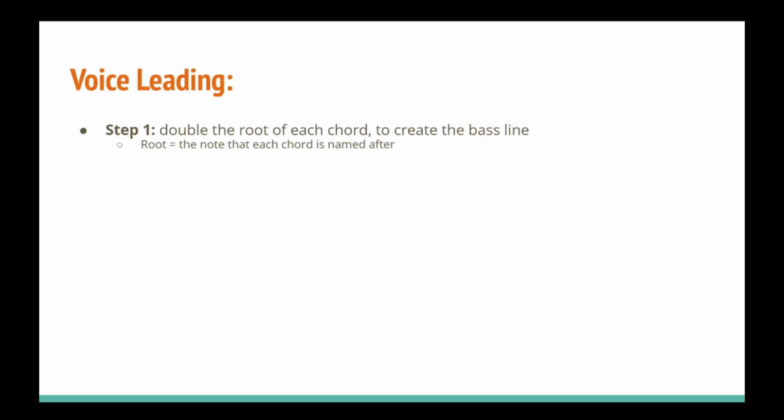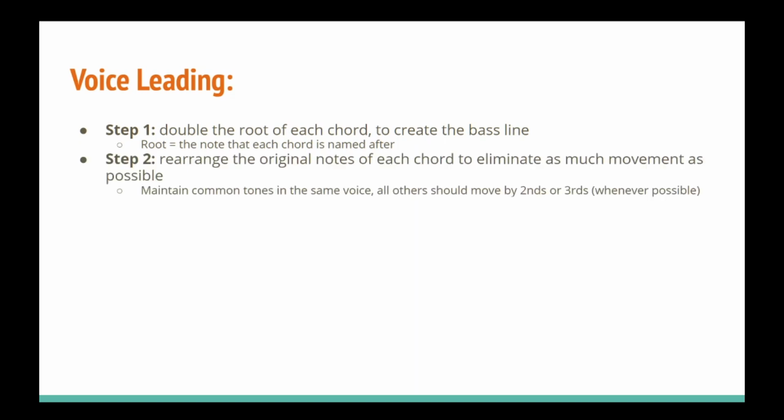Once we've done this, step 2 is to rearrange the original notes of each chord to eliminate as much movement as possible. This means that notes that are shared across chords should remain in the same voice, while all other notes should be moved by either seconds or thirds.